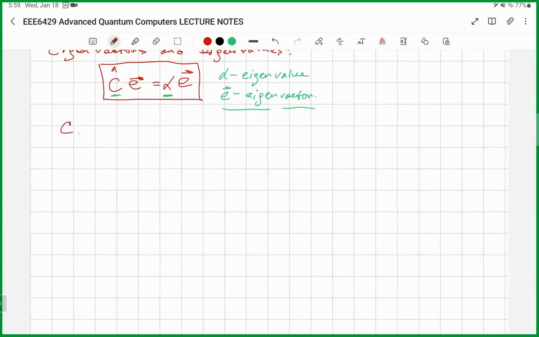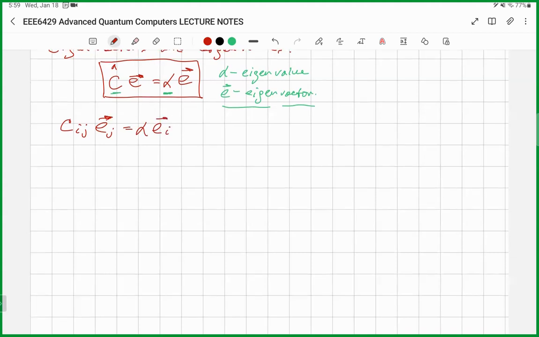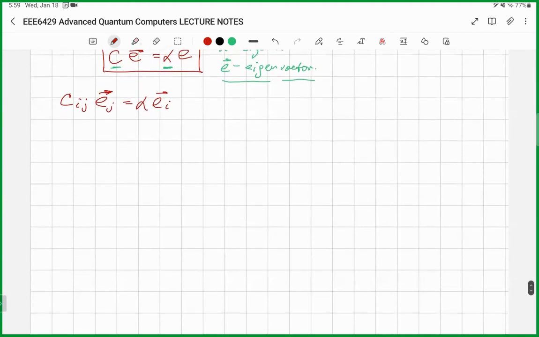So it is Cij, then the vector ej, this is a vector, is equal to alpha ei vector, right? So you see that there is a summation over component j.